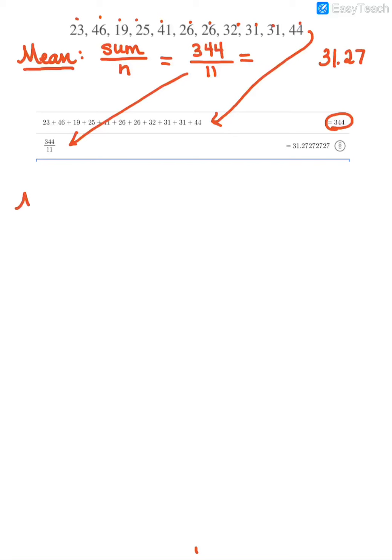Now, in order to calculate the median, you have to arrange the values in order. It doesn't matter whether it's highest to lowest, but they do have to be in order. So it looks like 19 would be my smallest.